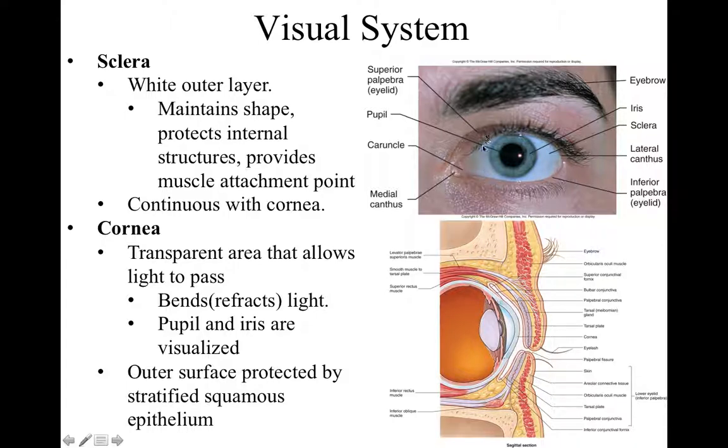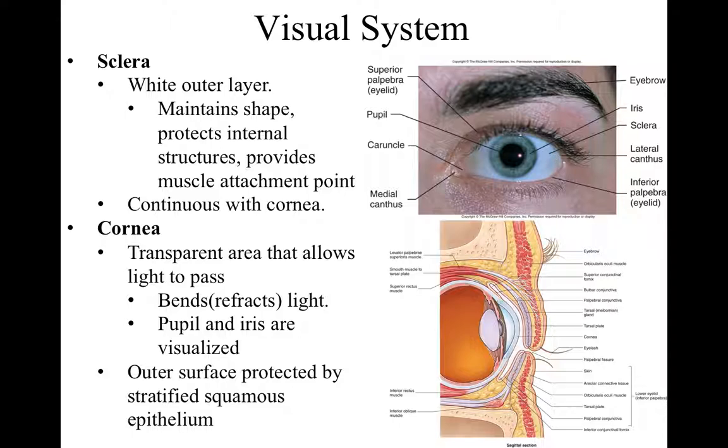Again, so the white part of the eye here is the sclera. Now, we actually can see the bulbar conjunctiva, these little red lines through here. That is that thin mucous membrane that is covering the surface of the sclera here as well. So sclera with the bulbar conjunctiva superimposed over the top of it.